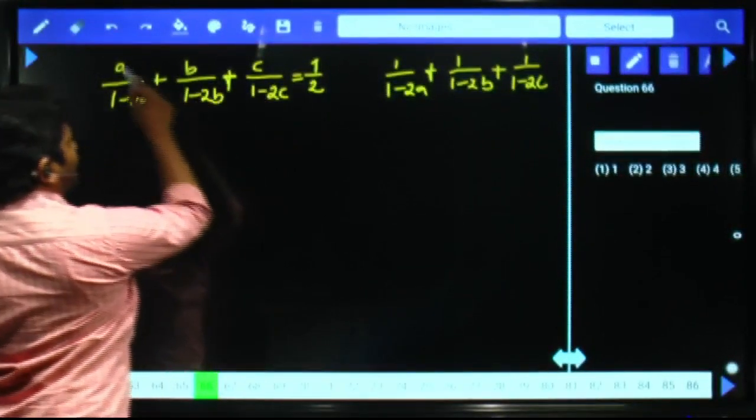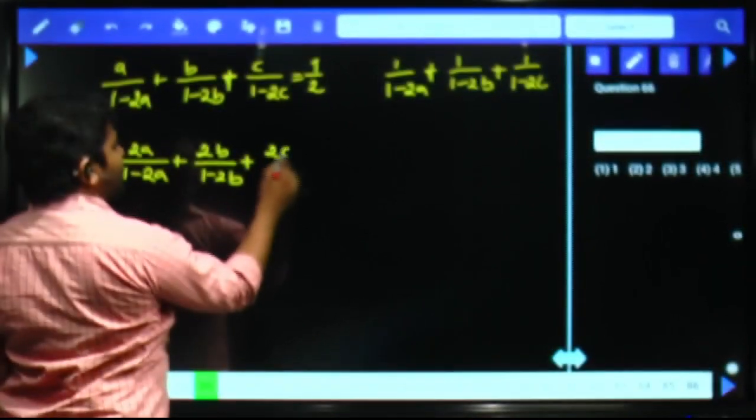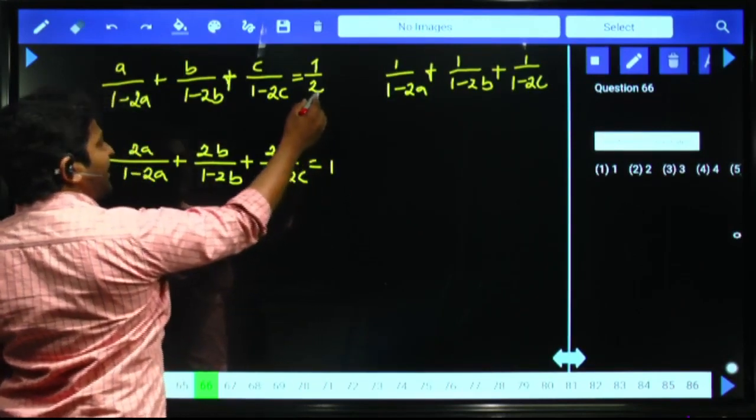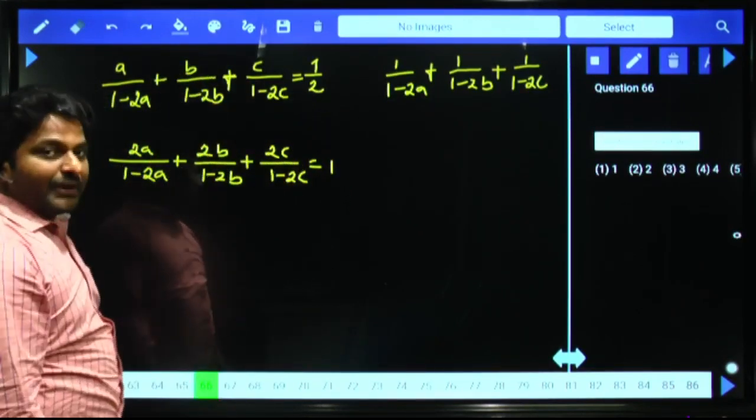Now here, when you take 2 to the numerator, you'll have 2a by 1 minus 2a plus 2b by 1 minus 2b plus 2c by 1 minus 2c is equal to 1. We are just taking the right hand side denominator to the left hand side numerator.